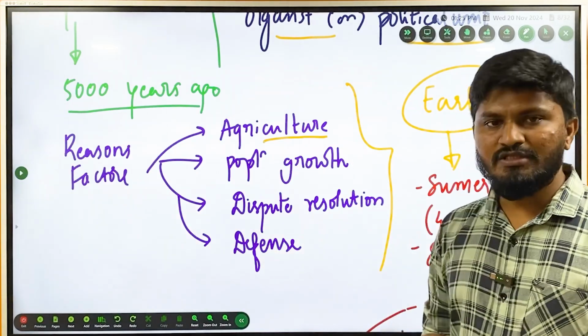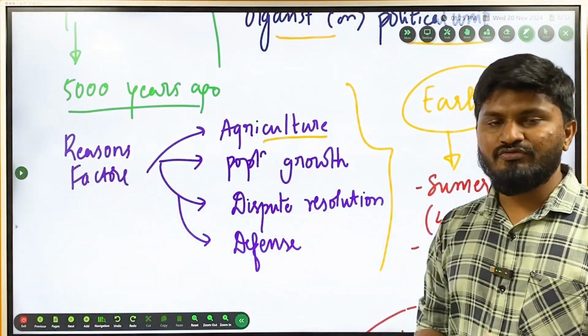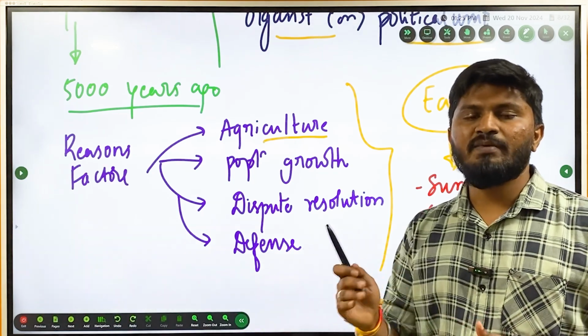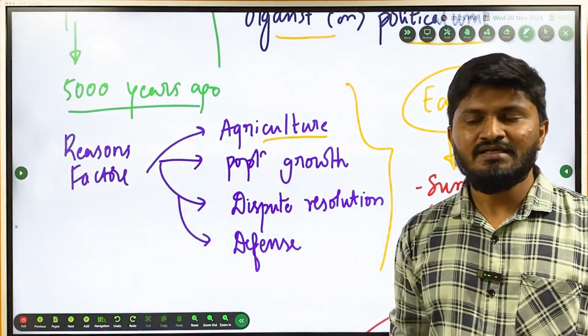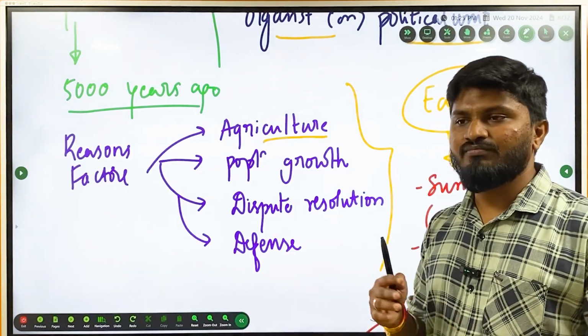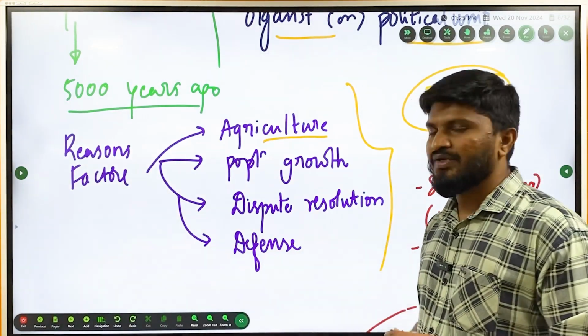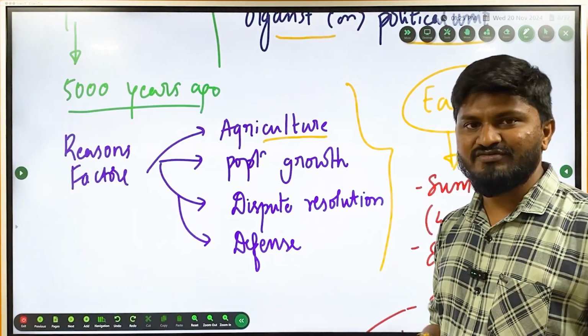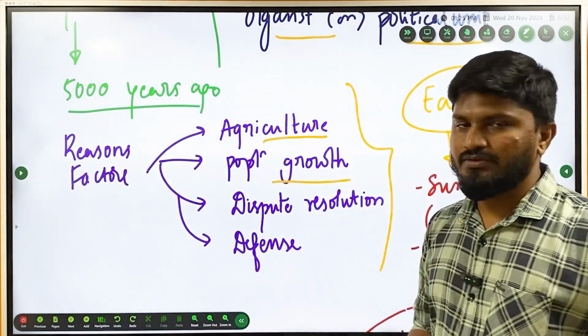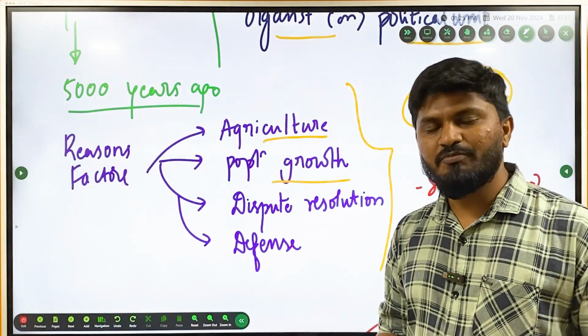But around the Neolithic period, around 10,000 to 5,000 years ago, human beings changed. Instead of being nomadic hunter-gatherers, they started to settle at a place, and after settlement they started doing agriculture. Their lifestyle became sedentary, and it also resulted in population growth.